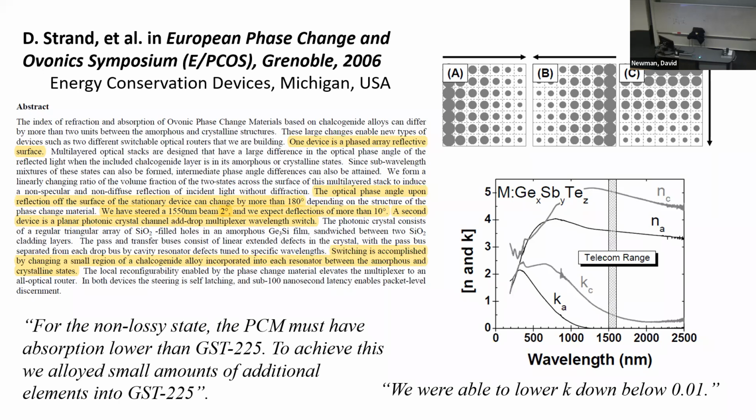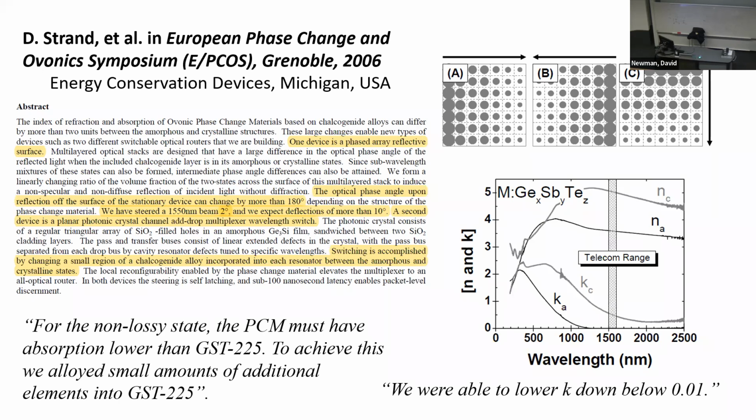in 2006 at EPCOS, which is a phase change conference that is held in Europe. And this was an abstract published by Energy Conversion Devices, the company that Stan Ovshinsky, who started the phase change field, started.